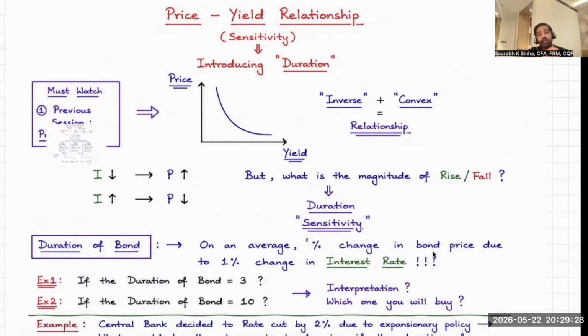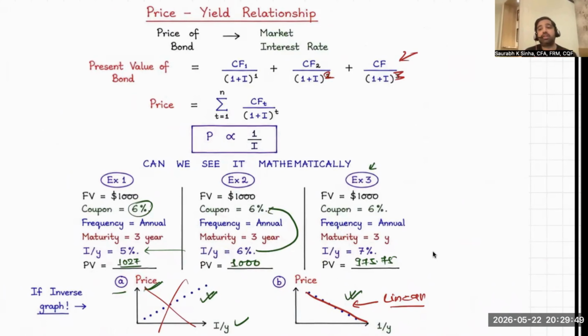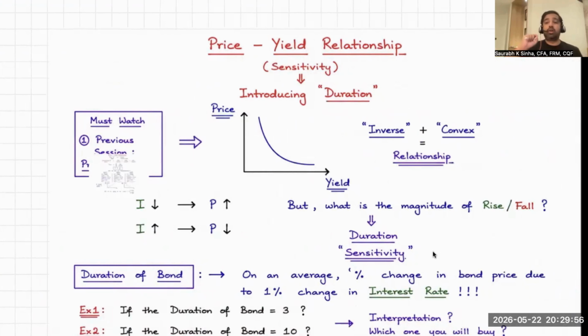It is heavily tested in CFA, heavily tested in FRM, and also a very commonly asked question in any interview on financial analytics. However, before you go through this session, my strong recommendation is that you should have watched the previous session on the price yield relationship, because in that session, we established two most important concepts.